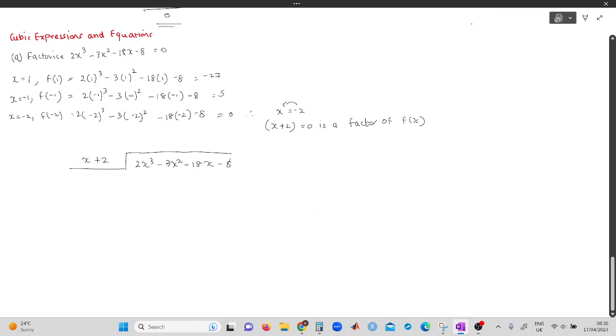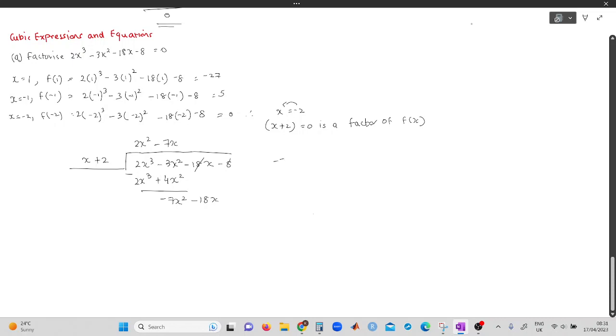Donc 2x cubed divided by x gives me 2x squared. I multiply it by the dividing factor. Donc again, 2x cubed plus 4x squared. Minus, to get the remainder, minus 3x squared minus 4x squared minus 7x squared. Bring down minus 18x. Donc minus 7x squared divided by x, I will get minus 7x.